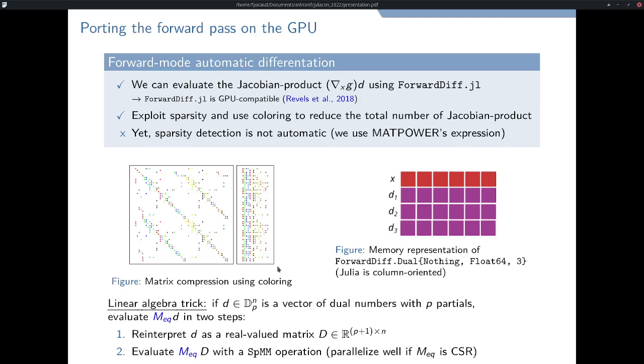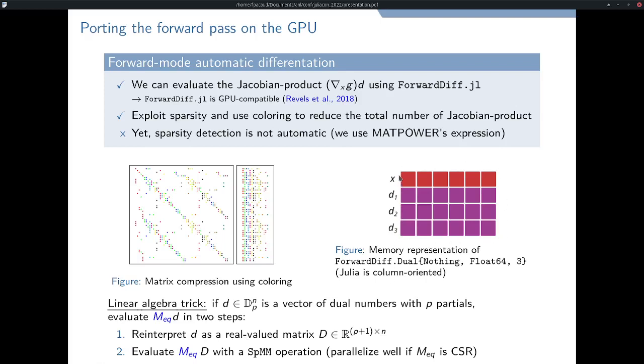The question is, okay, we have a GPU kernel generated with KernelAbstractions, and that's compatible with ForwardDiff. We are covered with that article. But we also have to differentiate the sparse matrix vector operation. Luckily, this operation is linear, so we can use a trick and we can reinterpret the vector of dual numbers as a real-valued matrix, exactly as depicted in that picture.